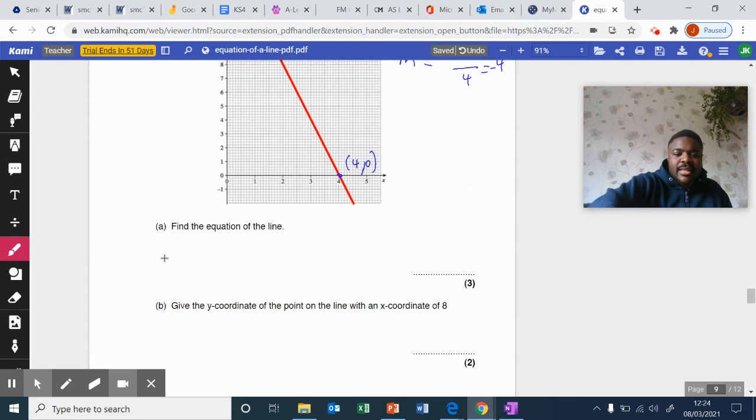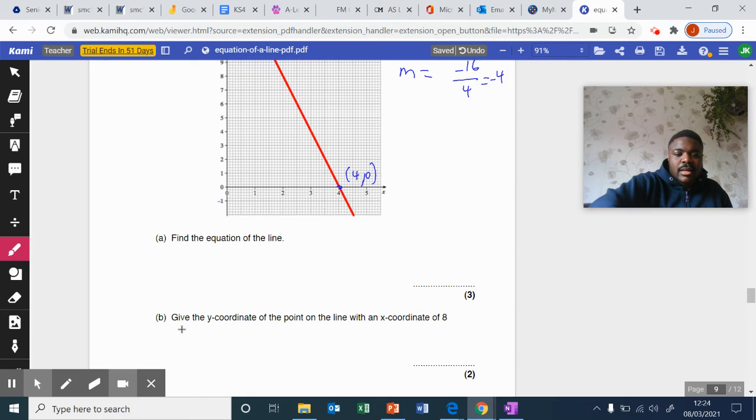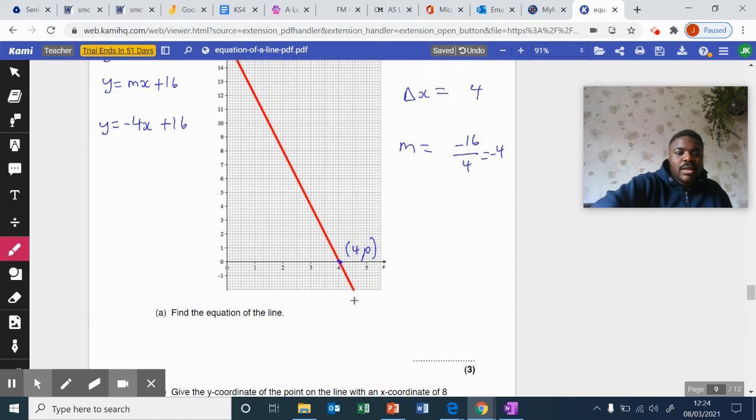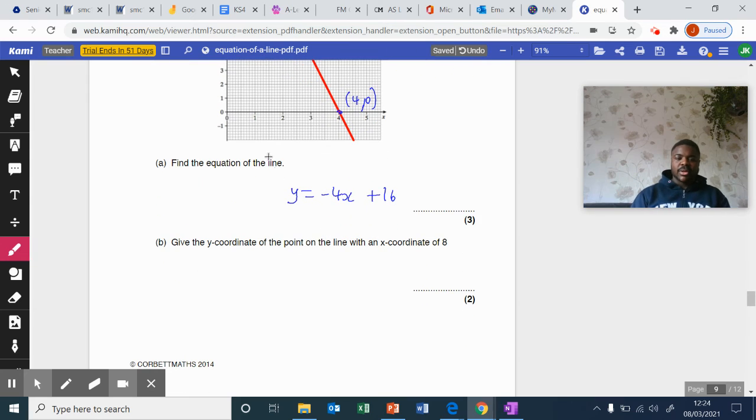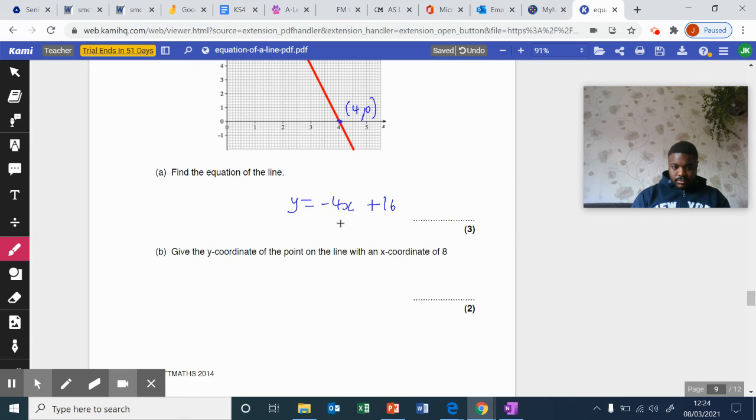Okay, and then it says give the y coordinate on the point on the line with an x coordinate of 8. Okay, so we know that our equation was y equals minus 4x plus 16. So that's that part. To work out the second part, well, we need to substitute x equals 8.